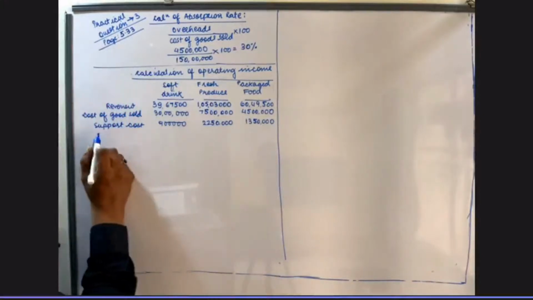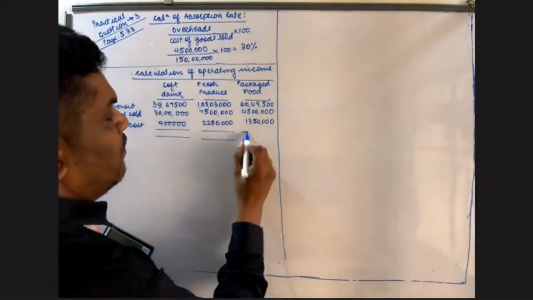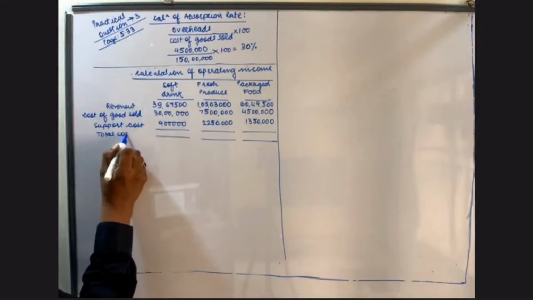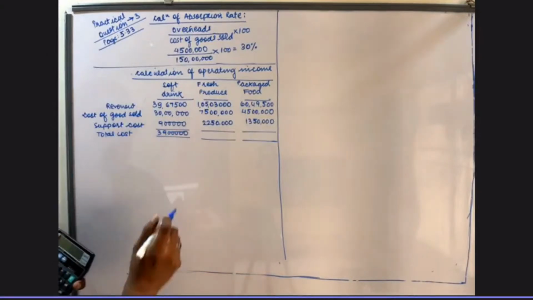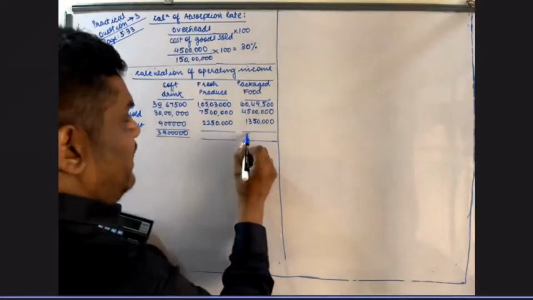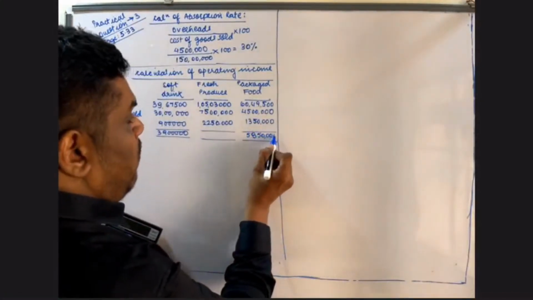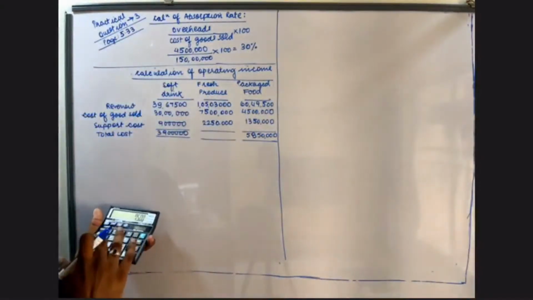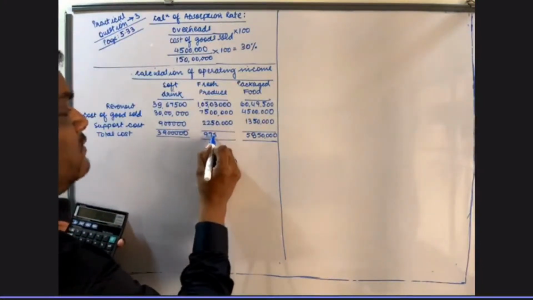So the total cost will be how much? 39 lakh, 58,50,000. This is 97,50,000.